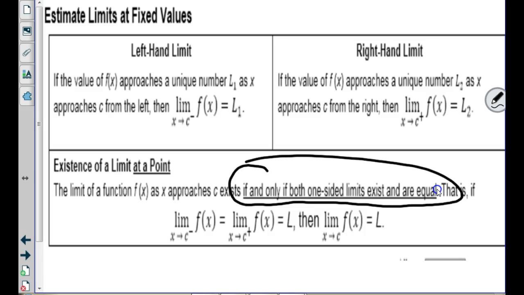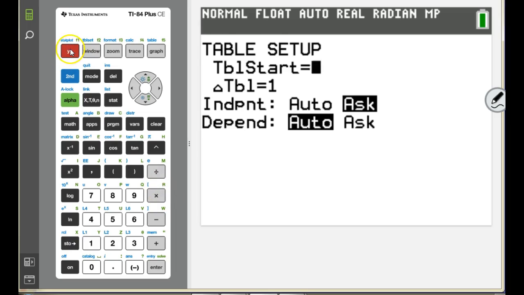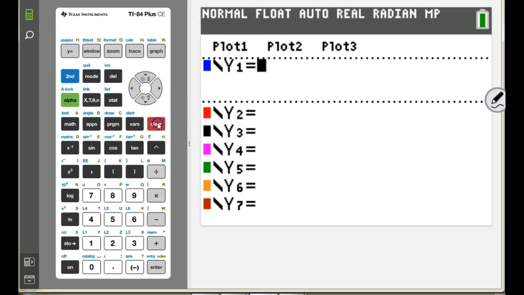Okay, now you're just like, what is she blabbing on about? Let's try this. I'm going to graph this on the calculator just so you think I'm not making this up. Do you remember where absolute value is? Anybody? So we're going to go to y equals. We need absolute value of 2x.